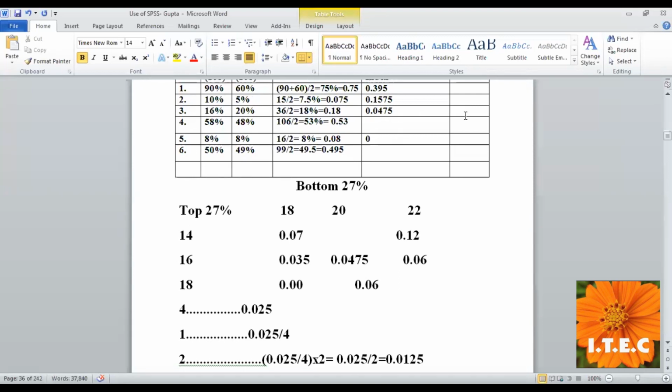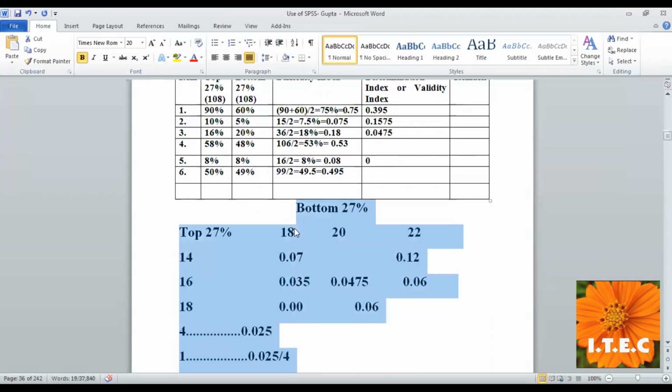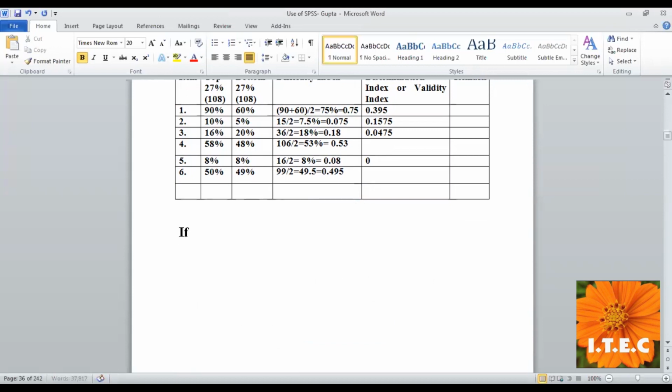So like this you can calculate, and the rule is, if the discrimination value is equal to or greater than 0.20, then the item discriminates.